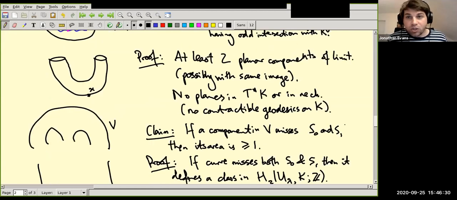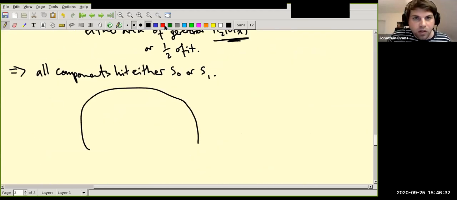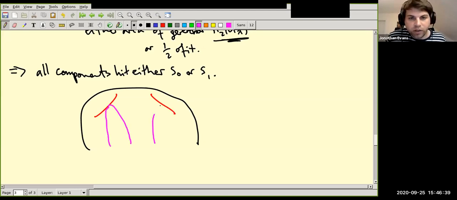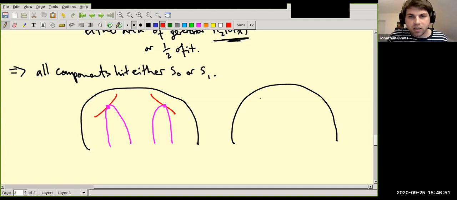And so there's only 2 possibilities now. First possibility is there are 2 disks, one that hits S0 and one that hits S1, and they have to hit exactly once with multiplicity 1 by positivity of intersections. The other possibility is you have a single disk which hits both of them.